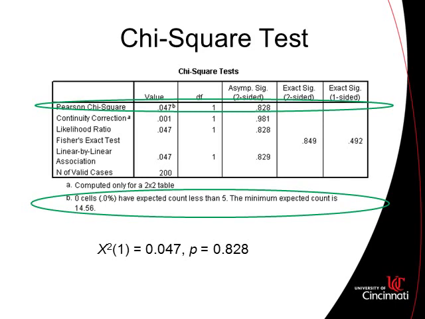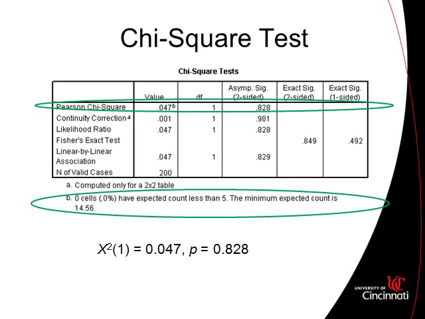If you look about 4 rows down, it says Fisher's exact test. So if it had come out that one of our cells was really small, we only expected 1 or 2 people in it, then we would ignore that top Pearson chi-square and we choose to report the Fisher exact p-value in either one-sided or two-sided based on whether our research hypothesis is non-directional, meaning we'd use a two-sided test, or it was directional and then we'd use the one-sided test.